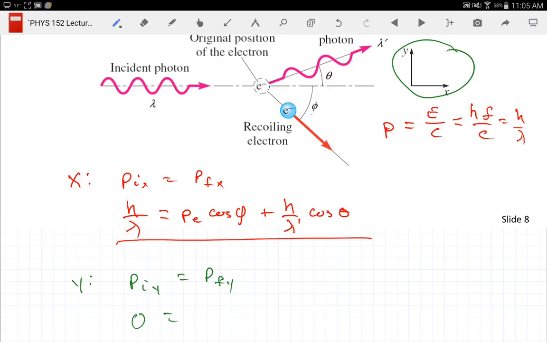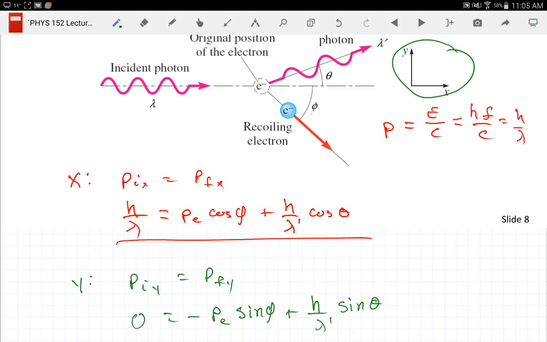This picture has the positive being the photon and the negative being the electron, so I'm going to just go with that: minus momentum of the electron sine phi plus h over lambda prime sine theta. So now I have two equations, and I'm relating lambda prime and momentum of the electron with the two angles.